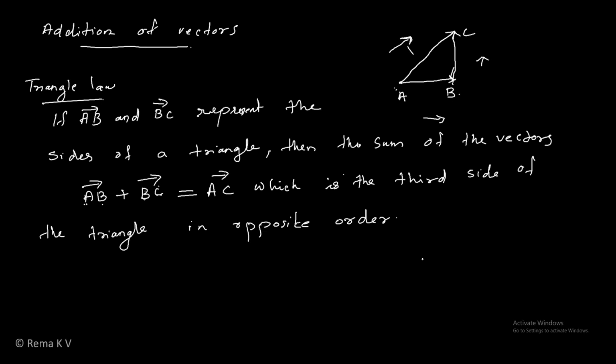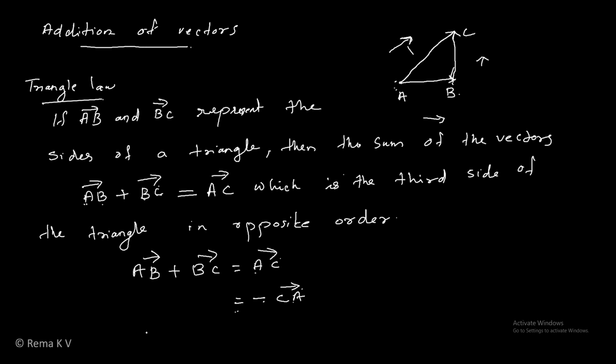Okay, now if we are considering this relation AB plus BC is equal to AC, you know that this AC is equal to minus vector CA because the direction is in the opposite direction. CA means it is in this direction. So AC is equal to minus vector CA.